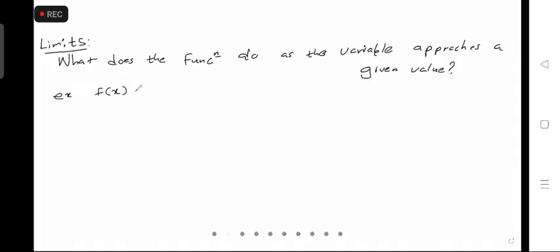For example, let's take the earlier one, f(x) equals x squared. Then the problem is: what happens to the function as x approaches 2? Let's try to understand this.